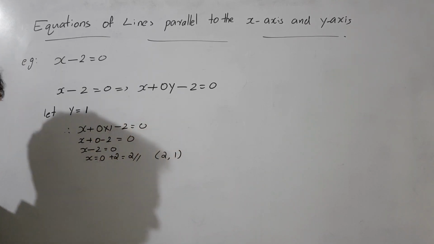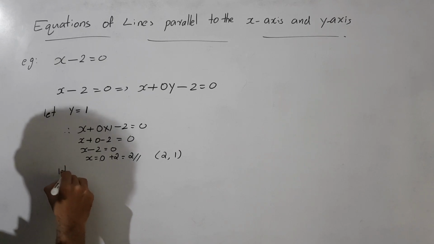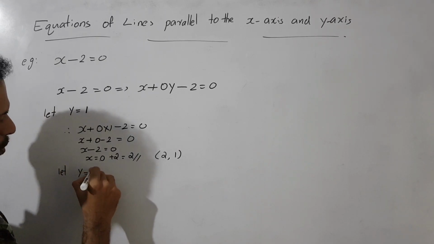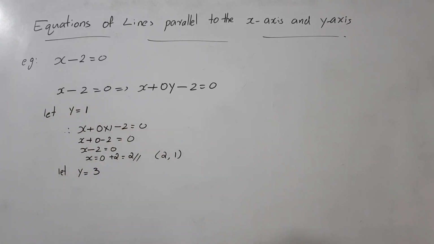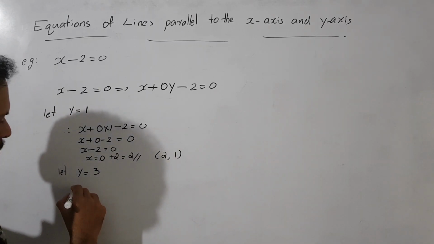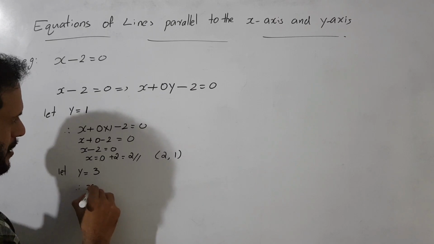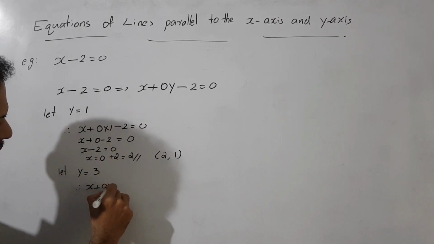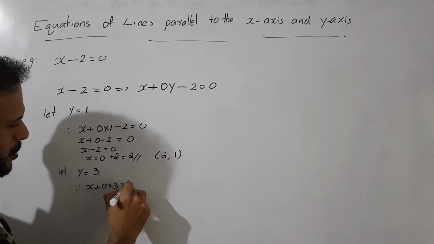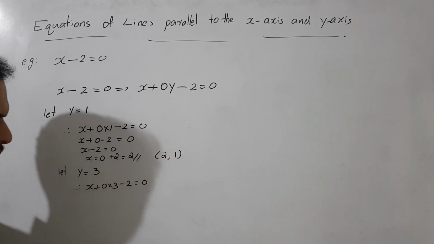Next we choose y is equal to 3. What is the change? Therefore x plus 0 into 3 minus 2 is equal to 0.